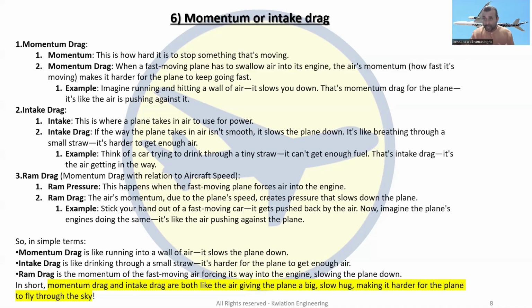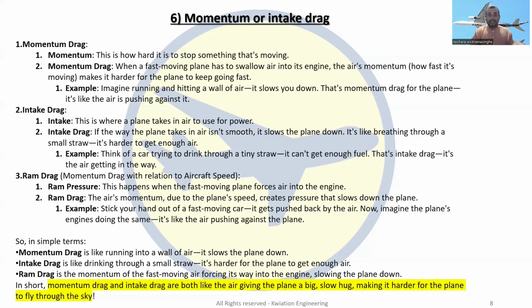Momentum drag is when a fast moving plane has to swallow air into the engine. Swallow means the plane has to take air into the engine. The air's momentum, how fast it is moving, makes it harder for the plane to keep going faster. That is called momentum drag.